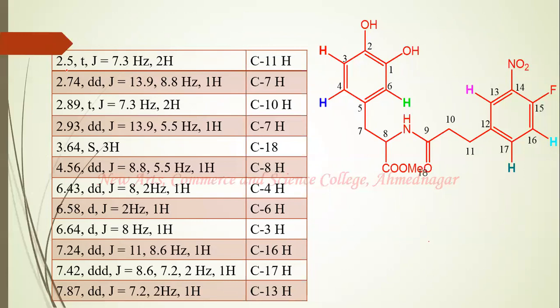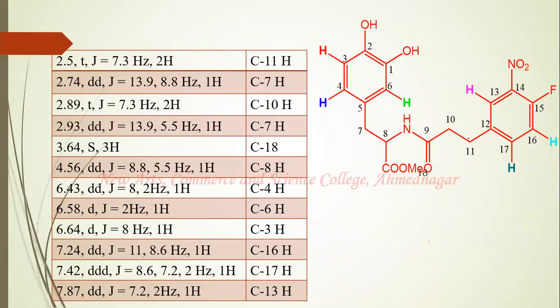So out of these, which one can be the 2.5 signal? If I consider 7 as the signal, but look at the neighboring carbon atom is having one proton, so it cannot give me triplet. So I have to look for the 10 and 11. So carbon number 10 is attached to carbonyl, and carbon number 11 is attached to aromatic ring. So the methylene which is attached to aromatic ring will be shielded as compared to methylene which is attached to carbonyl group.